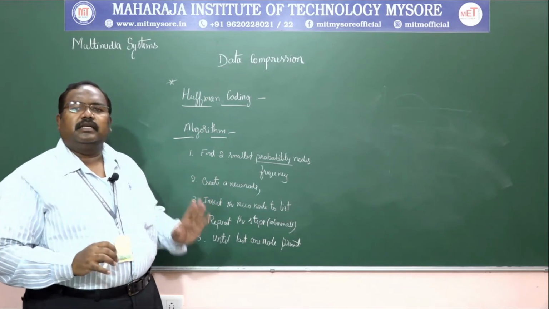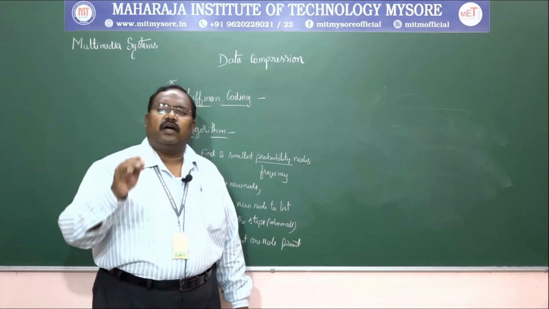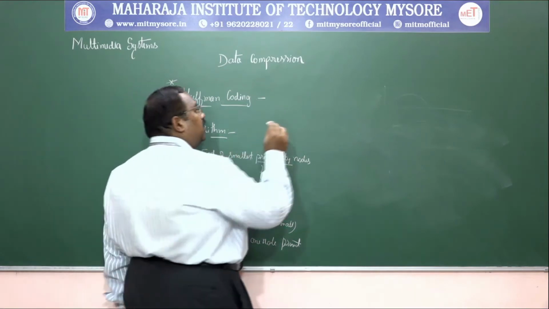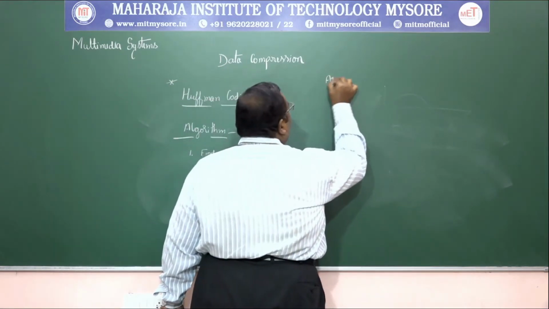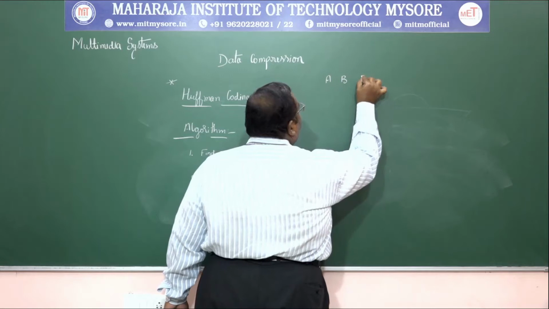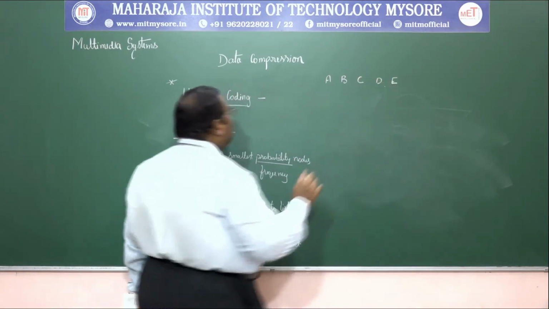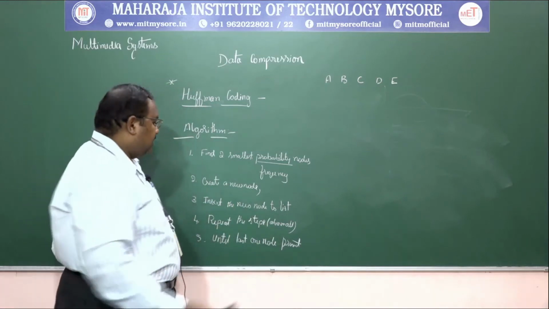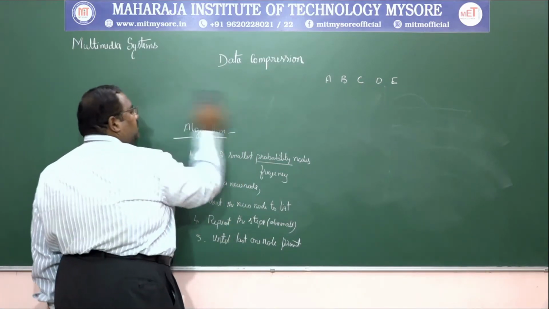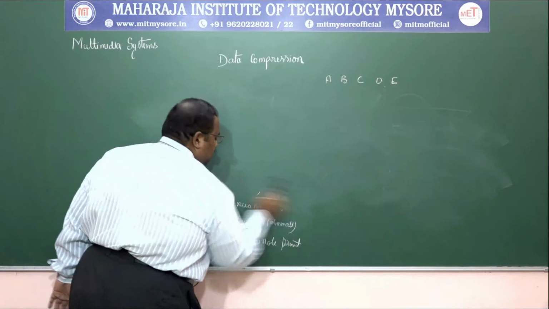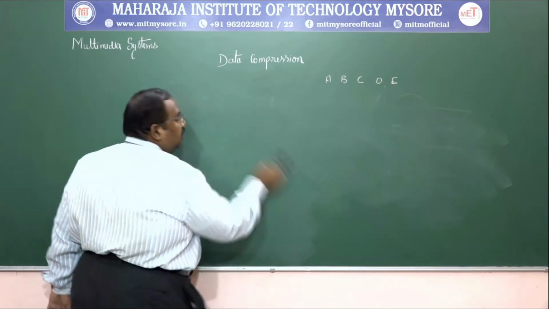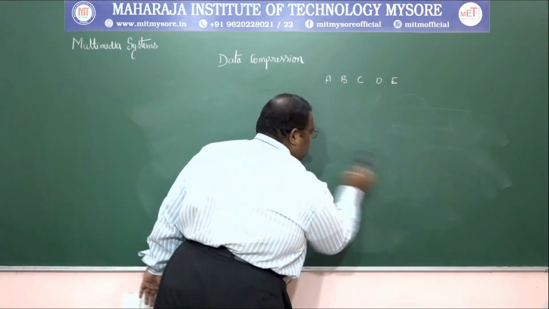So let us start. Consider there are 5 nodes: A, B, C, D and E. For better understanding, I'll wipe this out so that I can have more space to explain the concept.